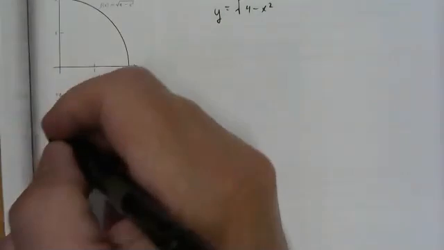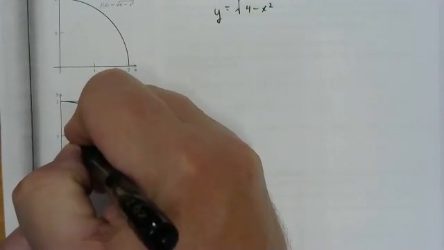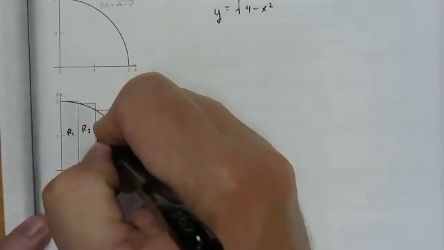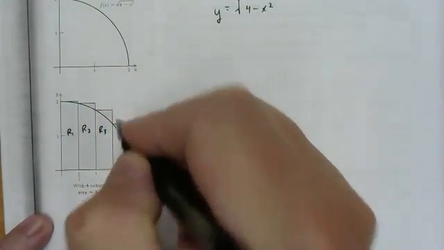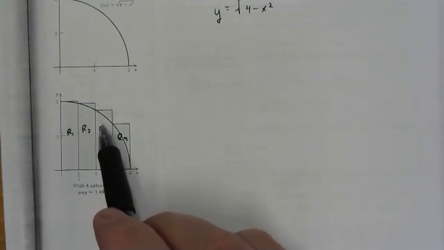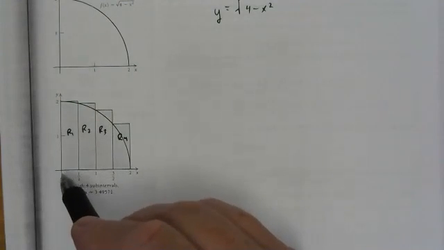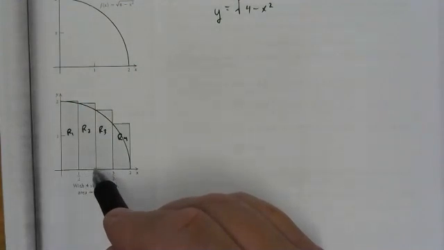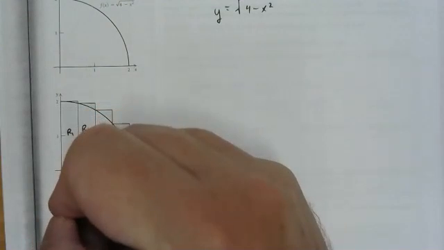I'm going to label these rectangles R1, R2, R3, and R4. My job is to calculate the area of these 4 rectangles and then add them together. Well, I know the width of the rectangles are all the same. They're all 1/2. The key is going to be what's the height of the rectangles.